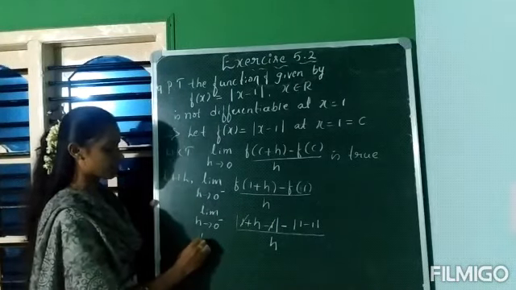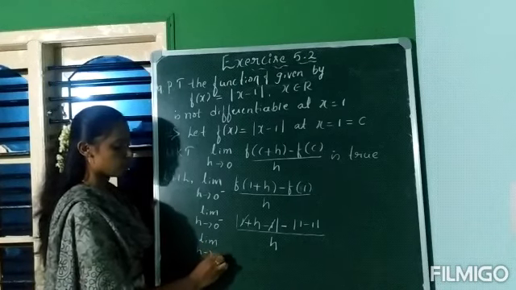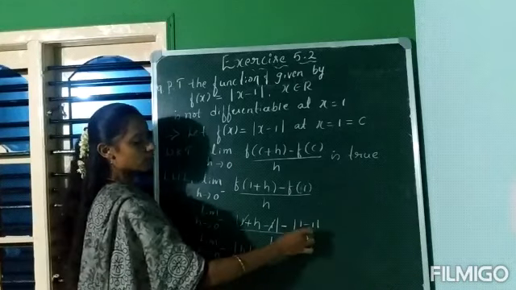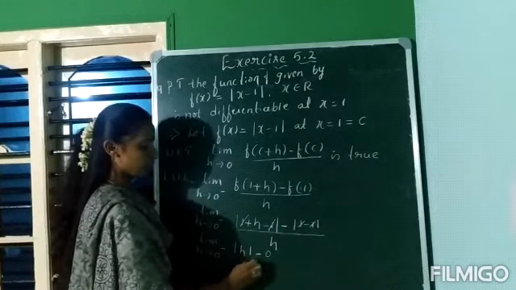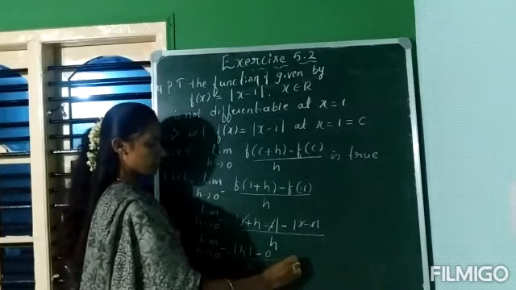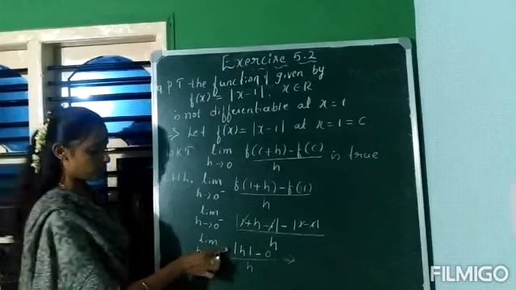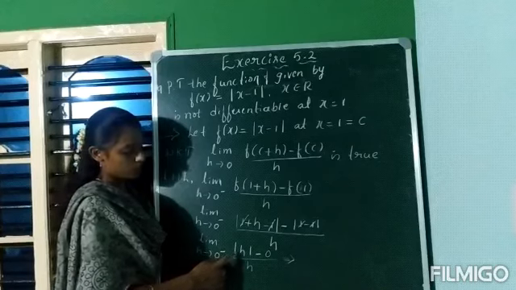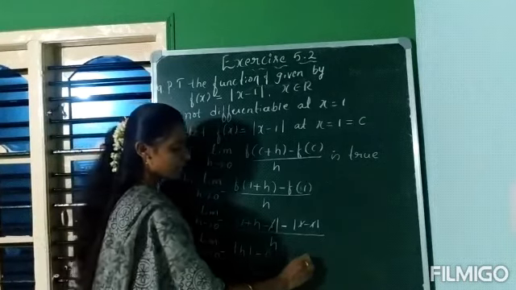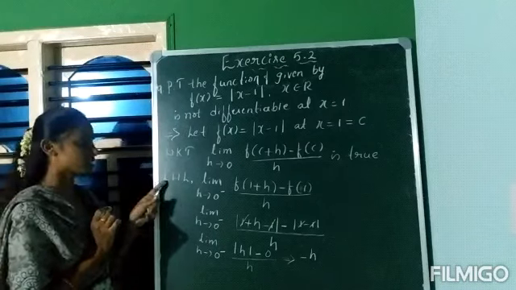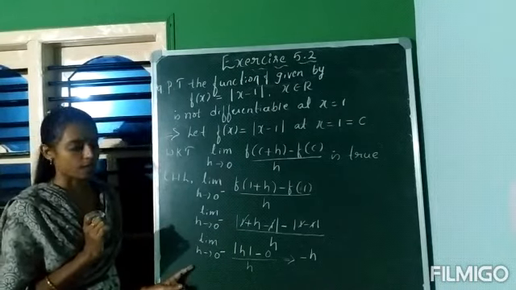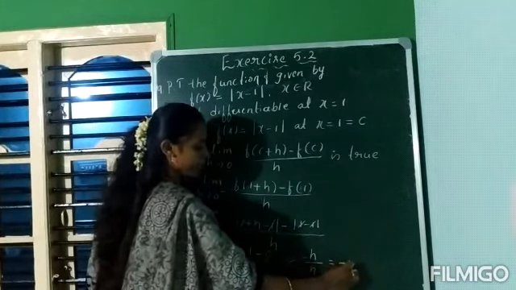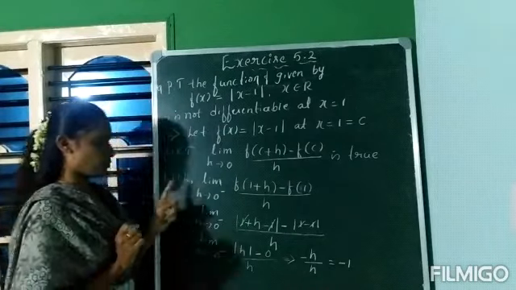Remaining is modulus h minus modulus 0, which is 0, divided by h. Now you need to apply the limit, taking h as 0 negative. So the modulus of h is minus h. Why? Because LHL is the negative value of h. So minus h divided by h is minus 1. This is the value of LHL.